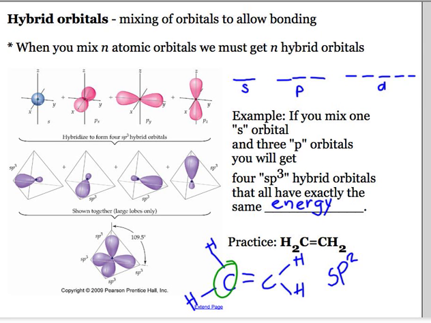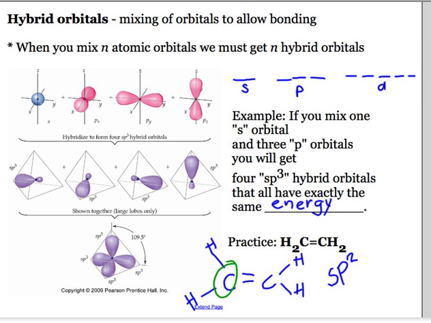So there's 3 areas. The first orbital you always start with is an S, and then the second ones you go to are always P's. So since we need 3, we take an S, which is 1, and we're going to take 2 P's. So what this is called is a hybridization of sp2. The S counts as the first one, and then I have 2 P's.